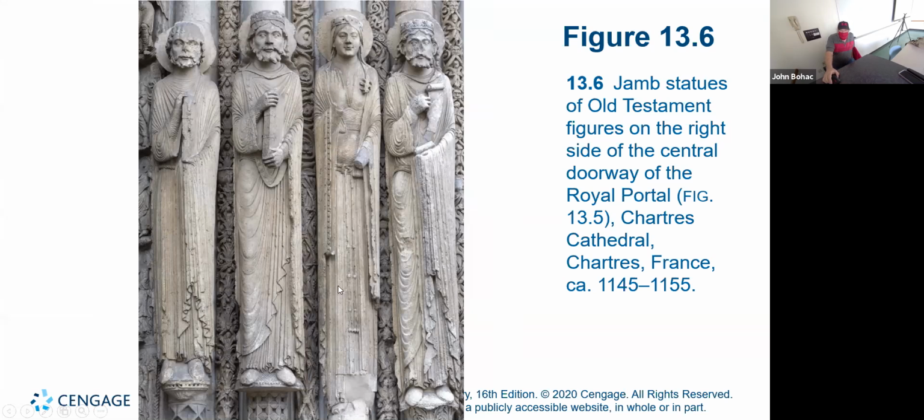This is mostly static, mostly stiff. And in terms of facial expressions, they're mostly pretty stoic. They're holy people. They may look at you. They may have something of a smile, but it's basically the same all over.